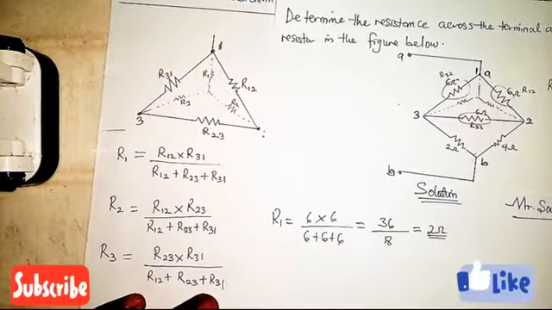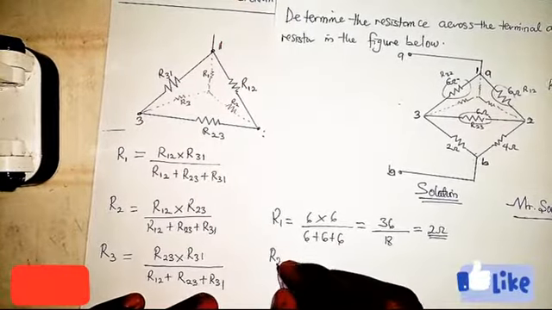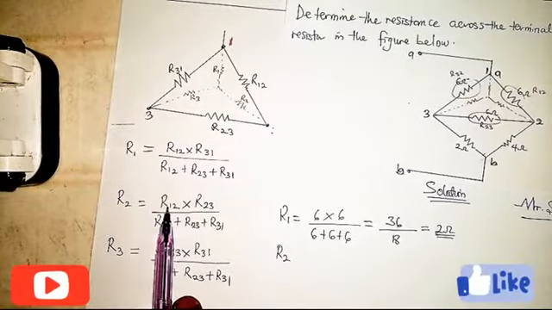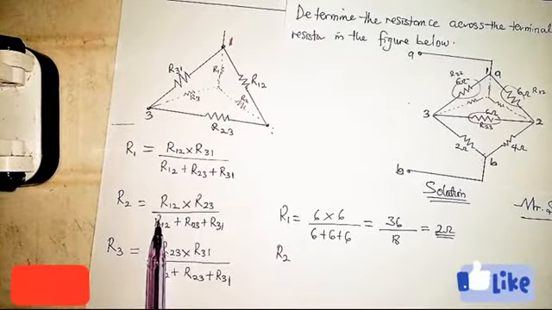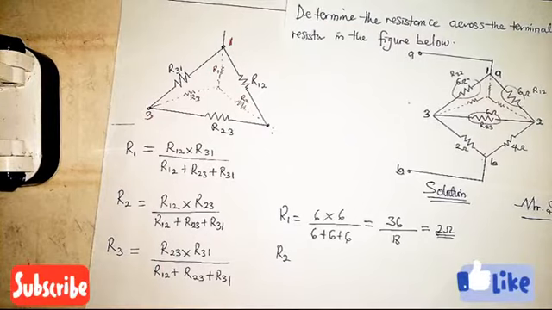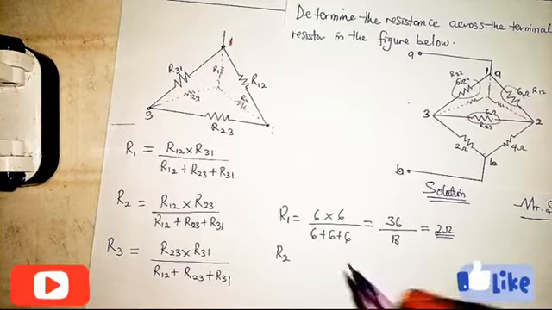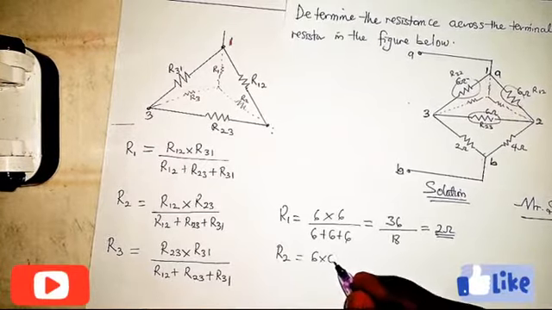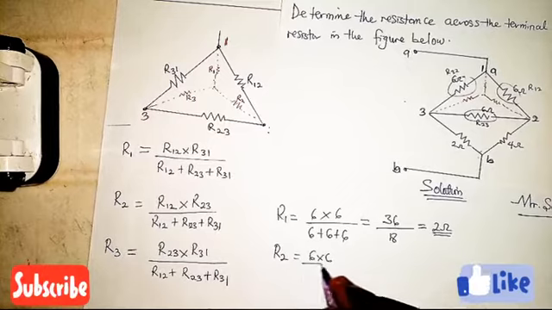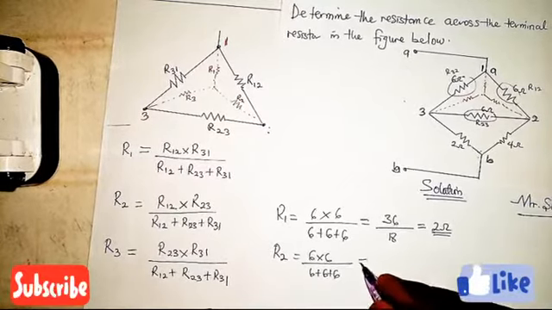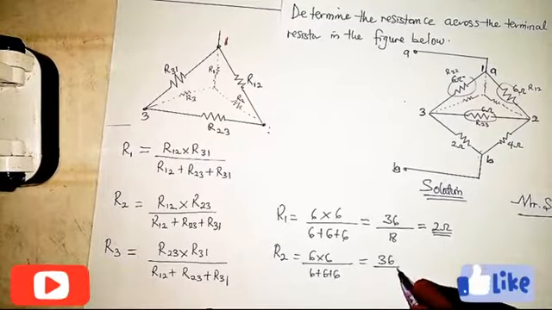And our R2, from this formula, is given by R12 times R23 divided by the sum of the resistances. This is our R2, right? Yes, this times this divided by the sum of these will give you 6 times 6 divided by 6 plus 6 plus 6, the same thing, 36 divided by 18.